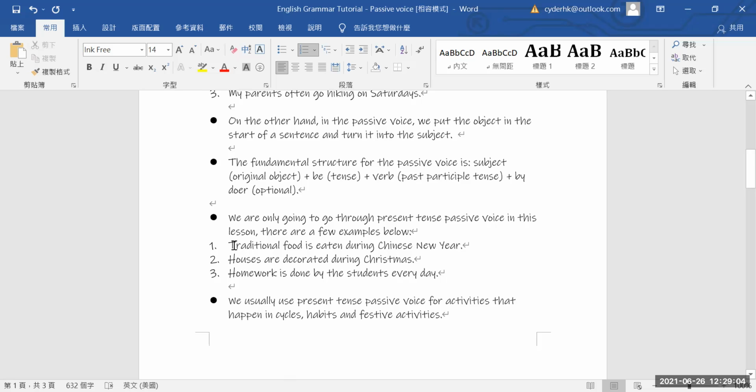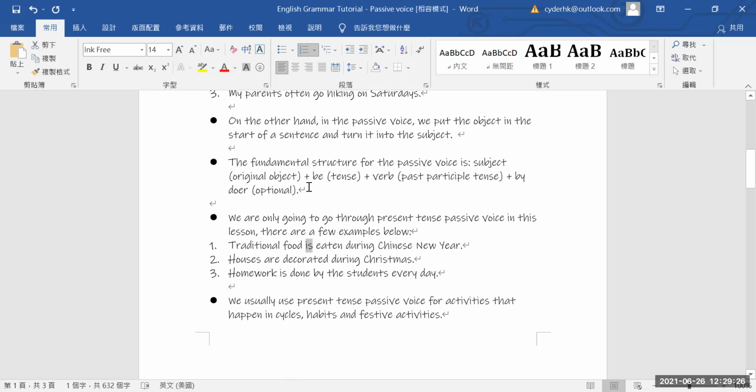Pay attention in here. For the fundamental structure, I said subject, original object: traditional food. This is the original object, which is placed at the very first of the passive voice sentence and becomes the subject. Traditional food is eaten.